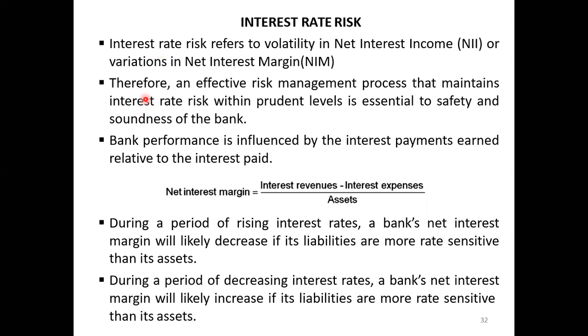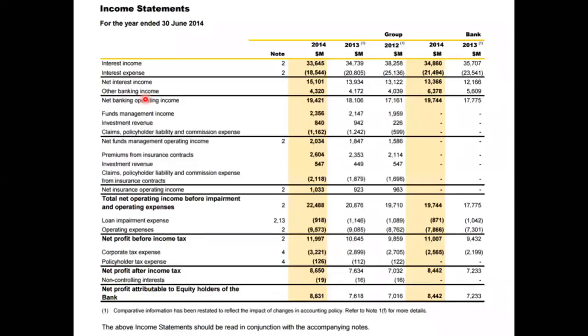Therefore, an effective risk management process that maintains interest rate risk within a prudent level is essential to satisfy the safety and soundness of the bank. If the bank fails to maintain this gap between interest income and interest expenses, the bank may go bankrupt, unable to survive in the market.